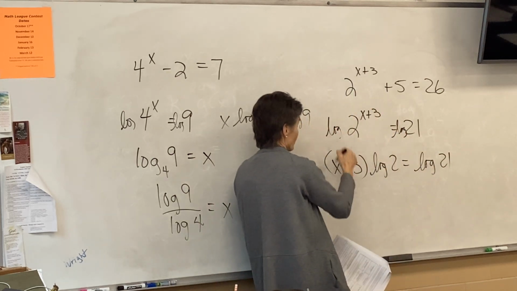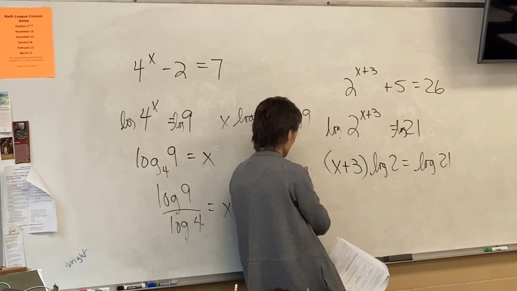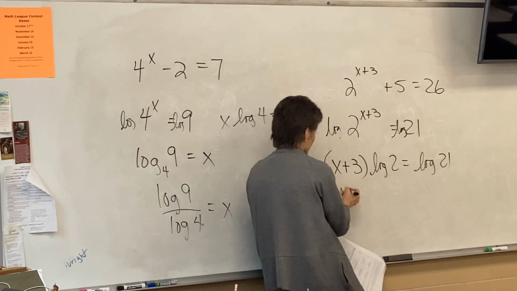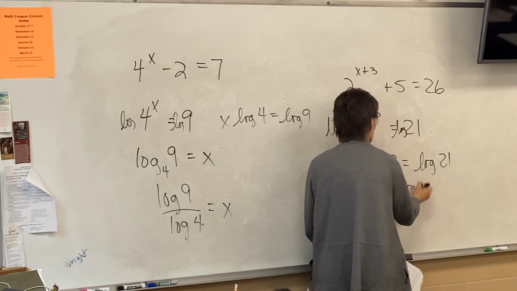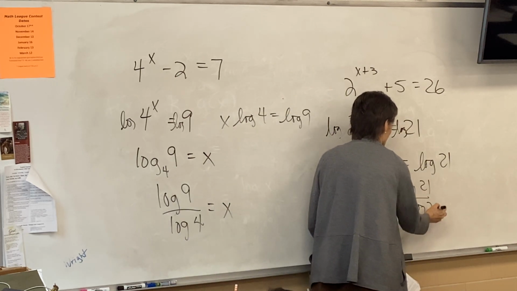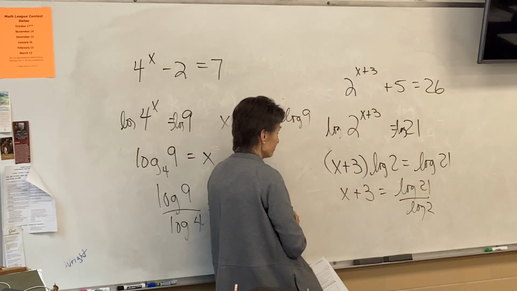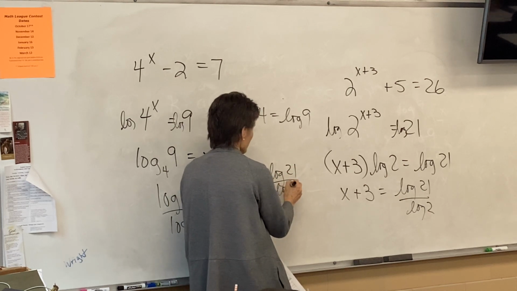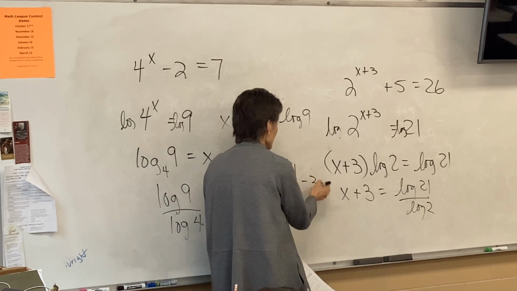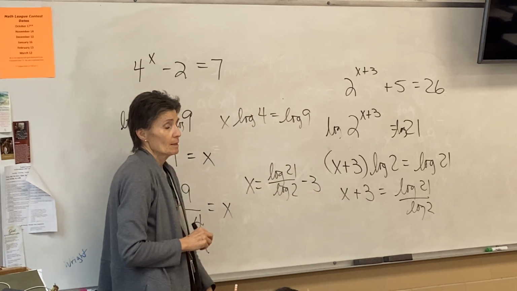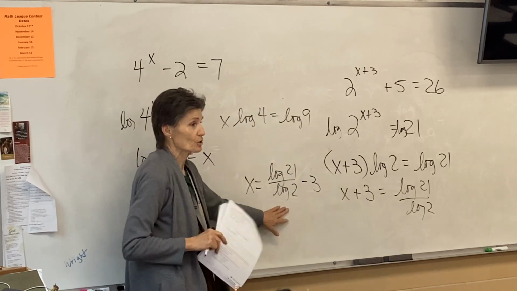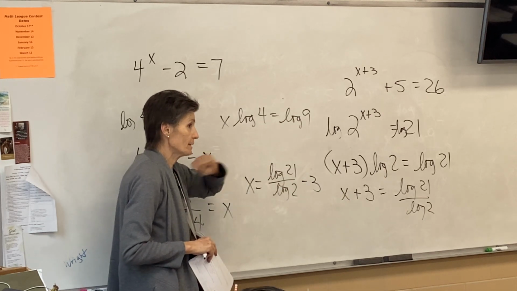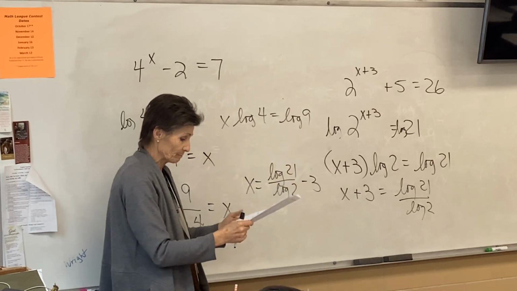That is the coolest thing ever. Getting that exponent down here is so great. Then what? Divide by log 2. And finally, subtracting 3. If we were supposed to be using a calculator, isn't this what we would type in? But since we're told to leave it exact, we'll just stop right there. So if this is a no calculator question, this is where we stop.